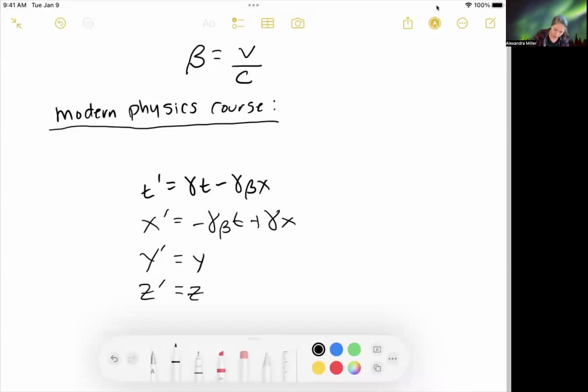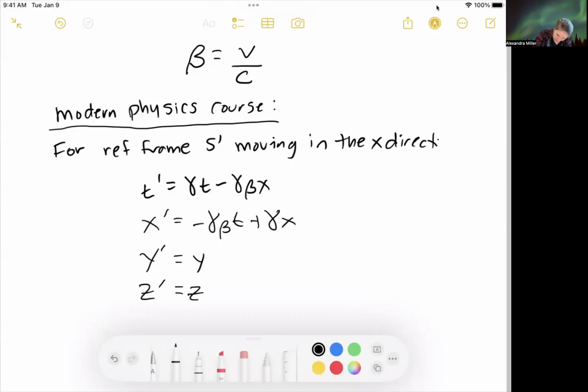So before we say anything else, these are Lorentz transformations for a particular set of reference frames. These Lorentz transformations are for reference frame S prime moving in the x direction relative to frame S. So this is specifically the case where the two reference frames are aligned such that one of them is moving in the x direction.